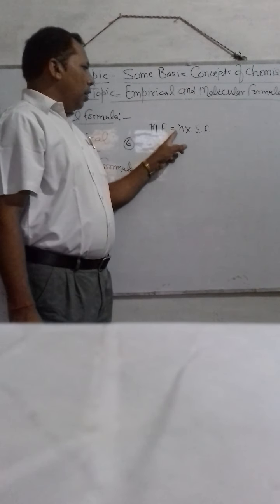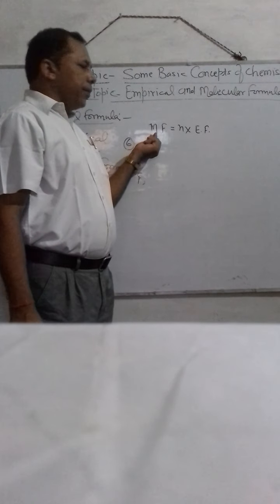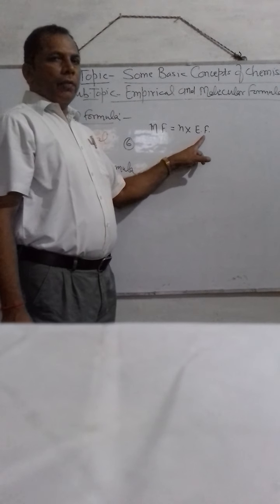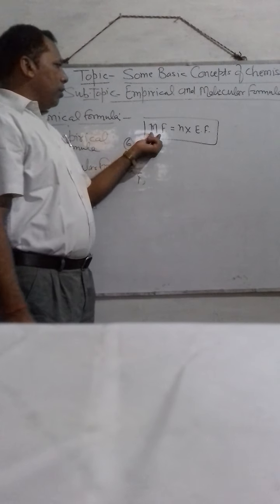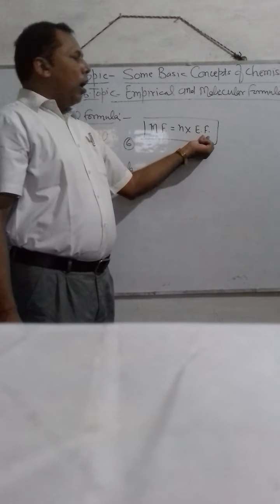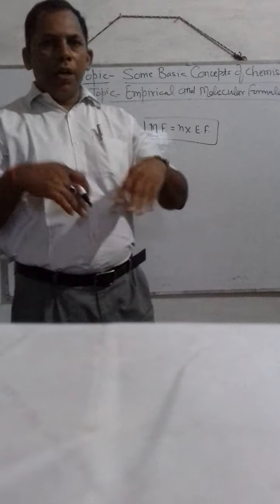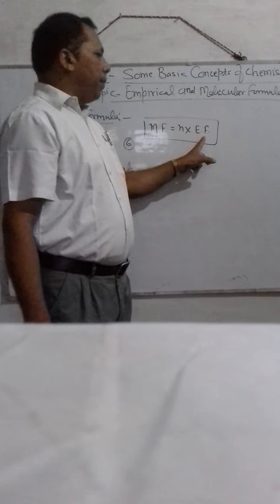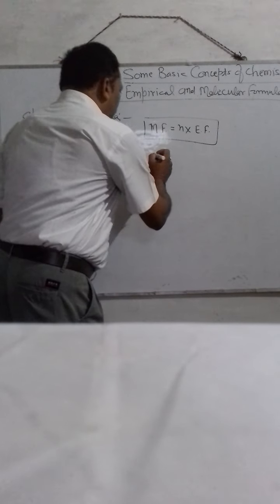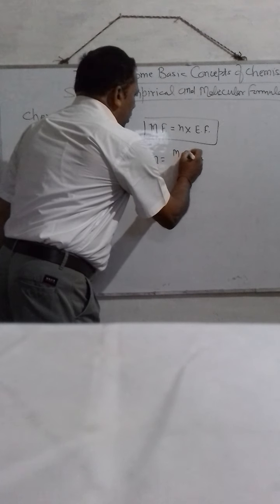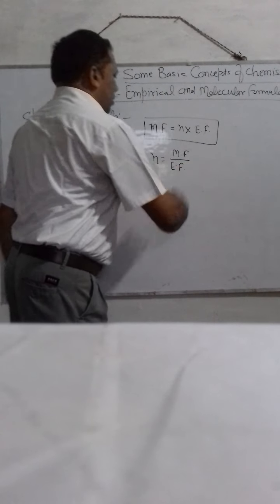In other words, the molecular formula of a compound is n times that of the empirical formula of that compound.